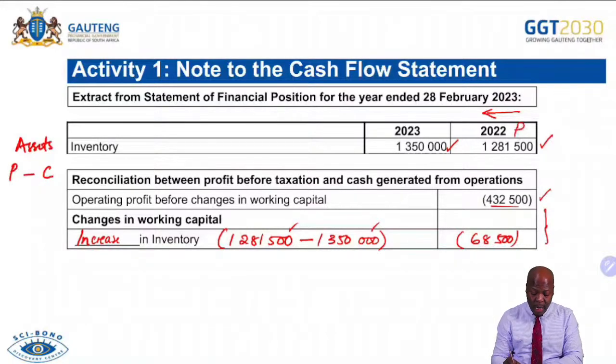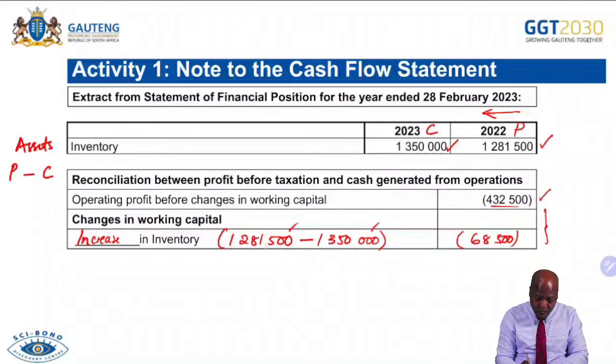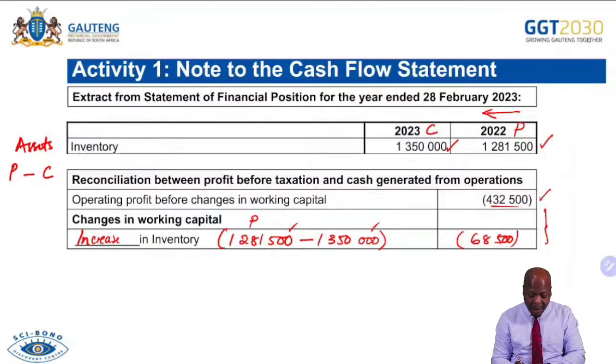Then 2023 becomes my current year. And therefore, I'll say my assets, inventory. So my previous year was 1,281,500 minus my current year's amount, which is 1,350,000. Whatever figure the calculator gives me becomes the right figure, but I have to take it with its sign.